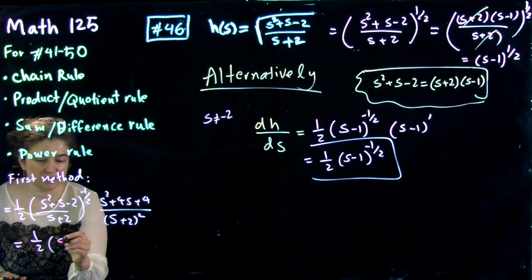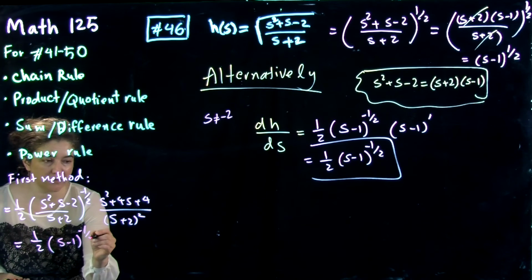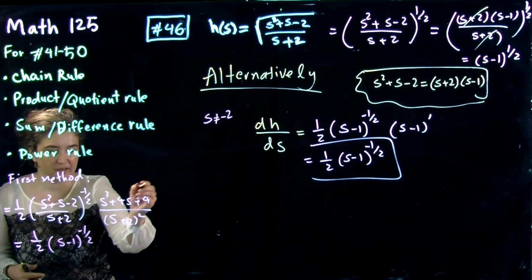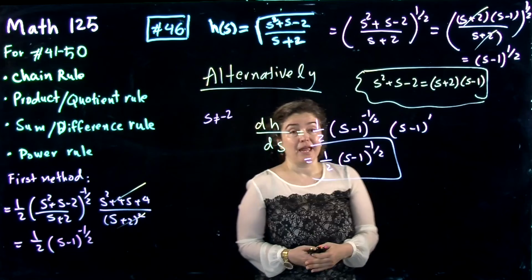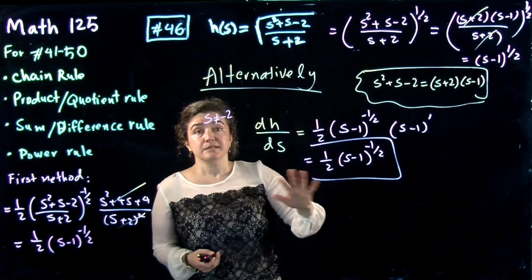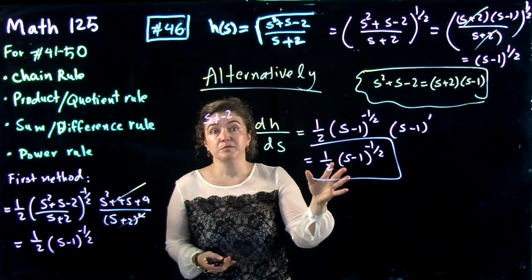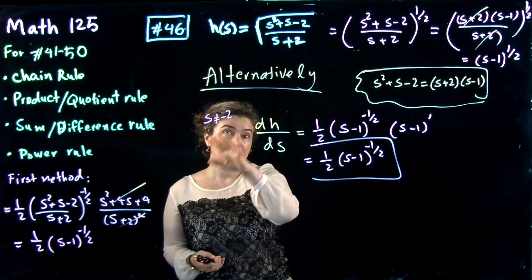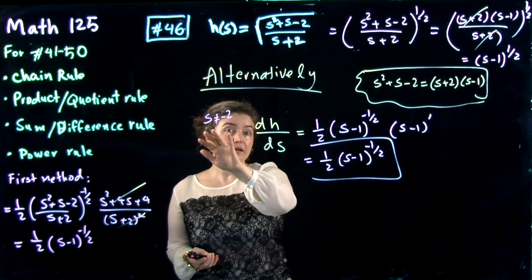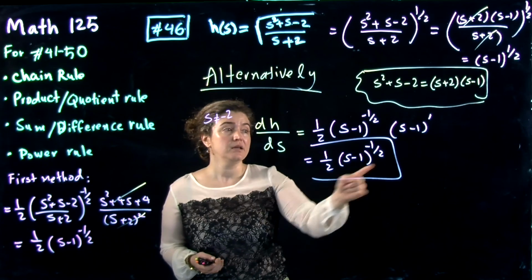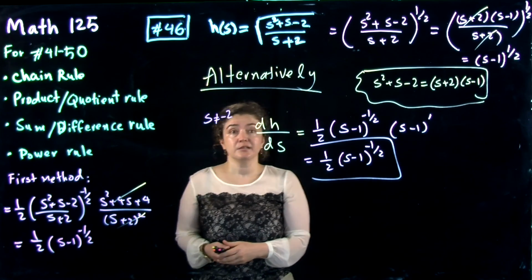Simplifying the inside, I get s minus 1 to the power negative 1/2. And these two simplify, so I get the same answer. This is easier to deal with since our system accepts the more restricted domain, and hence take this away, and this is your final answer that you can enter.